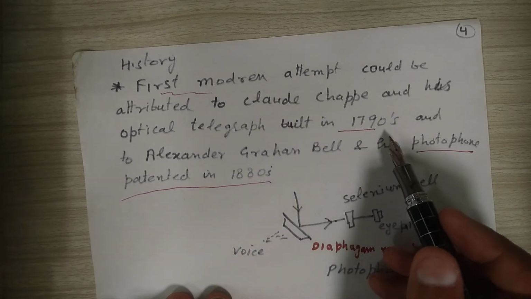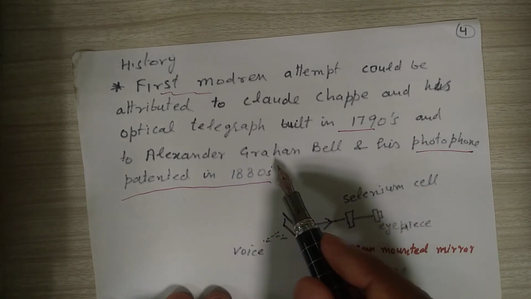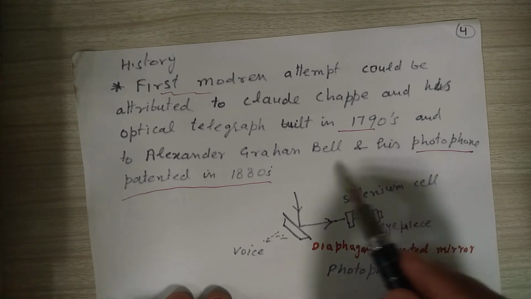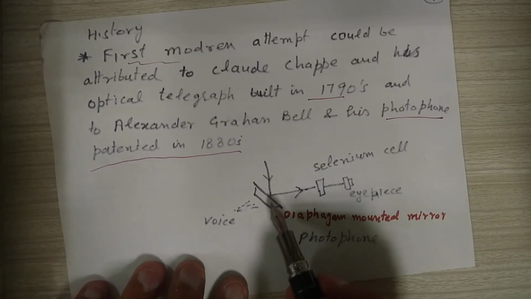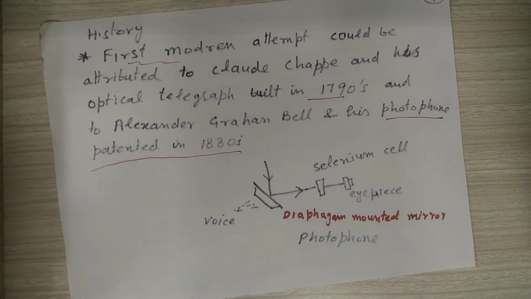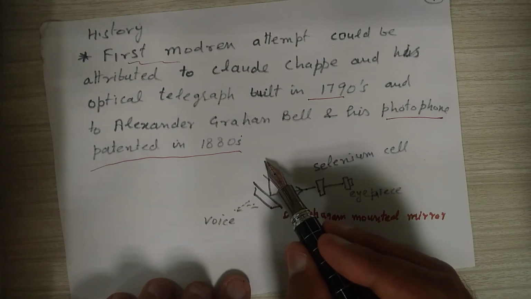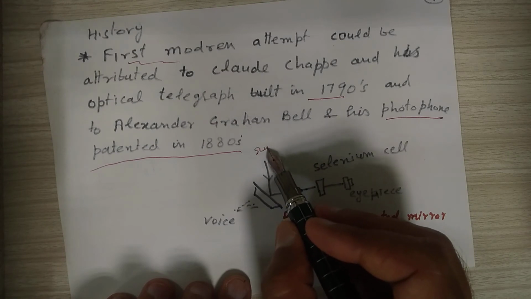And 90 years later, Alexander Graham Bell patented this photophone, which is one of the diagrams I have shown here. So what they did is simply take the light from a source. For example, this is sunlight.